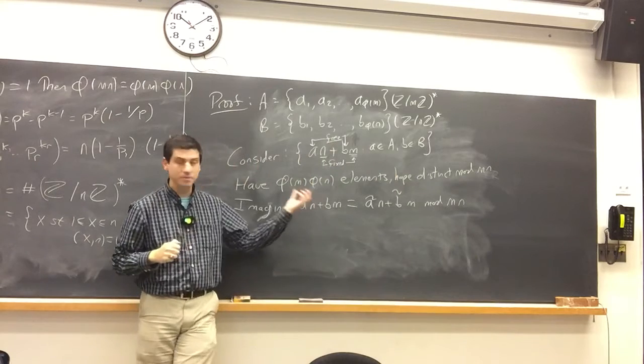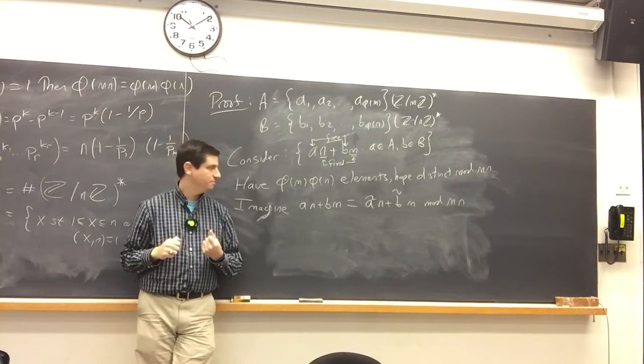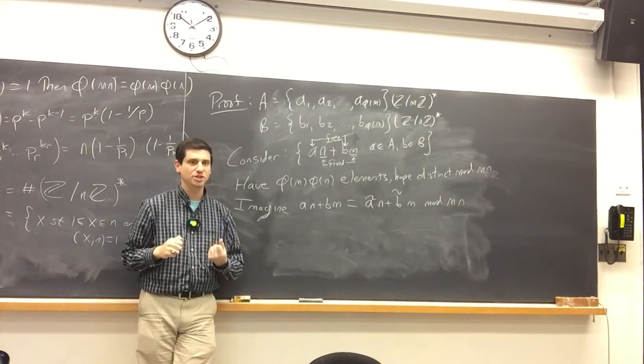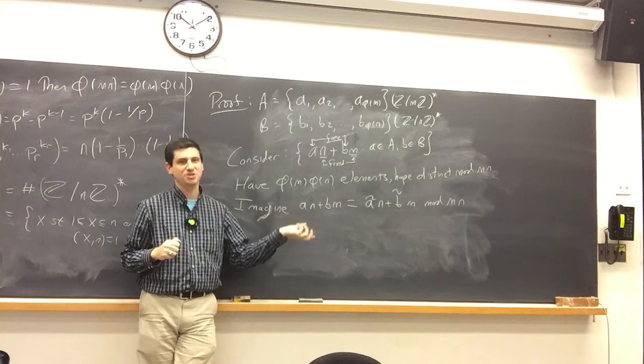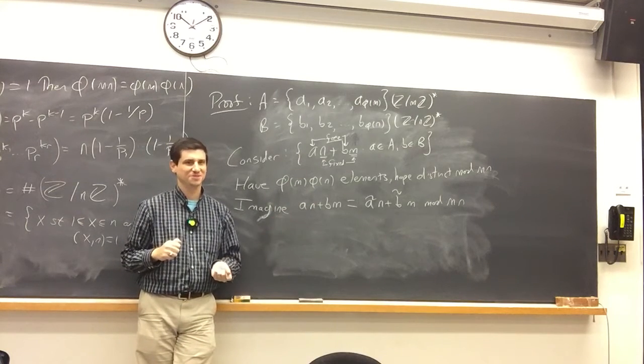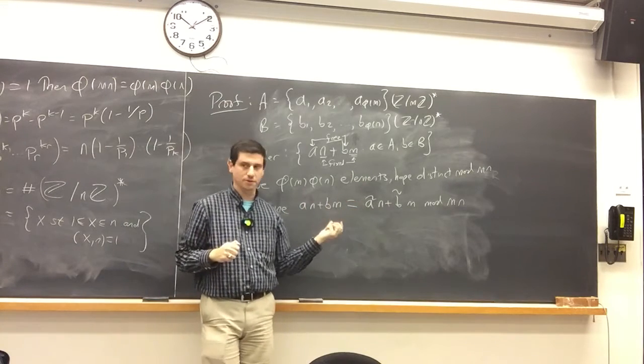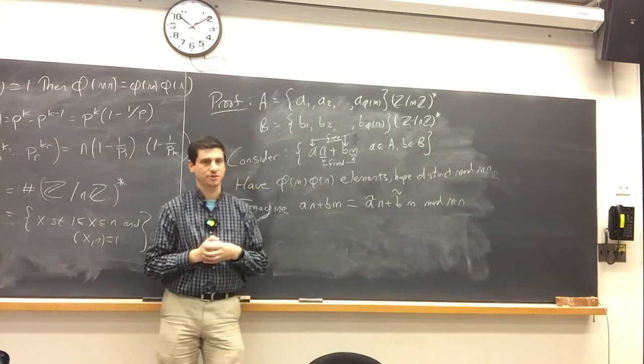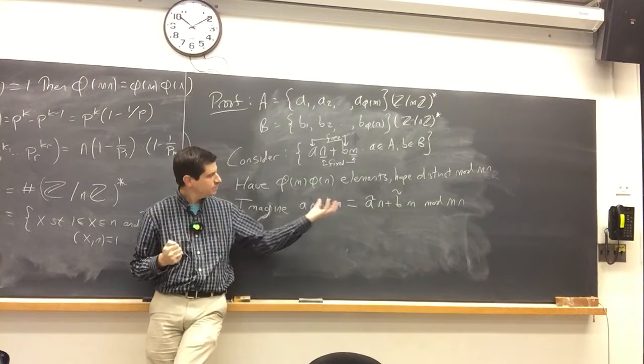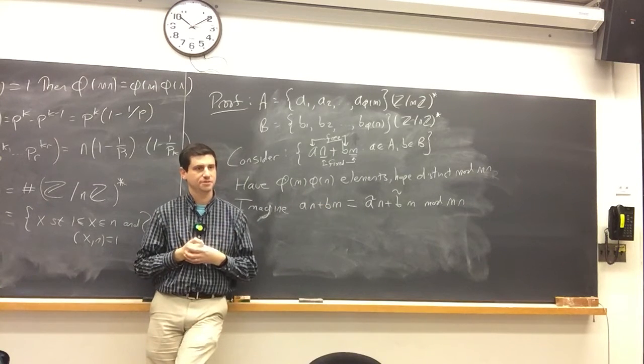So imagine you had two numbers that were the same mod mn. I personally like tildes a little bit more, but the primes are a little bit nicer in terms of spacing. Tildes are more fun though to write. All right, so we have two things that are equal, and we want to somehow get a contradiction. How should we approach an algebra equation like this?